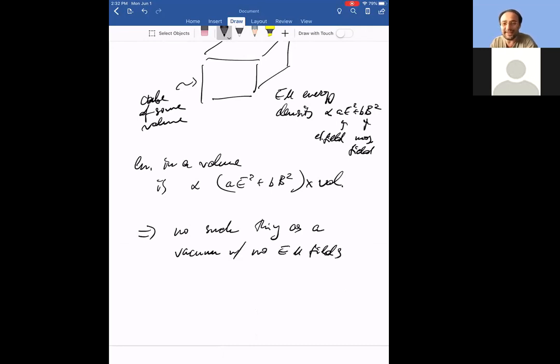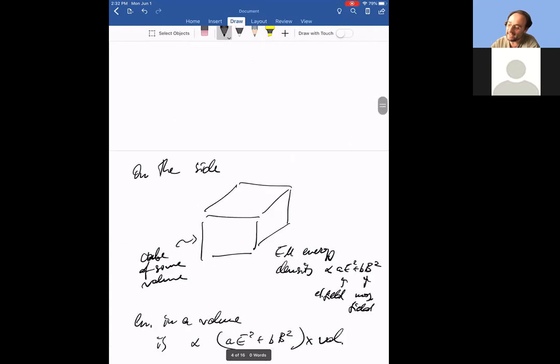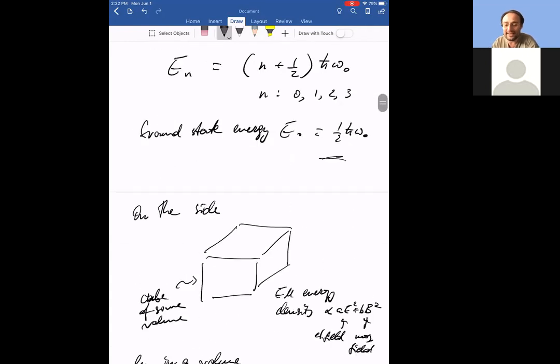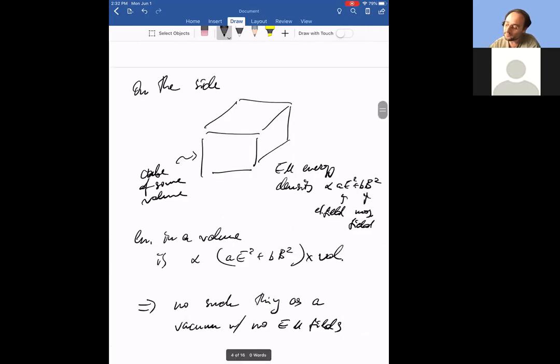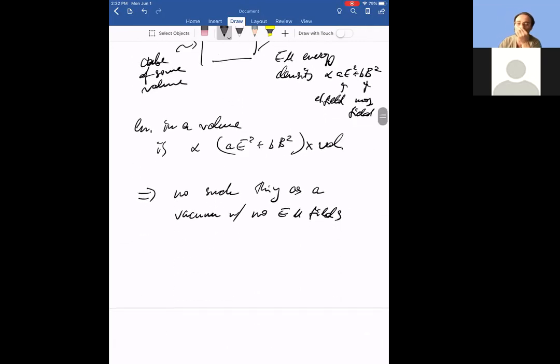That is a really tantalizing quantum mechanical prediction, which comes from the idea that the ground state energy cannot truly be zero because of the uncertainty principle. So imagine you're in some intergalactic deep space. It's not really vacuum. There are electromagnetic fields in there.